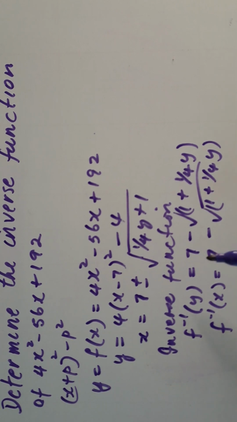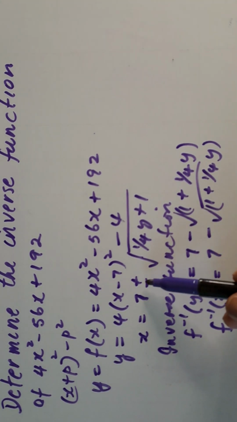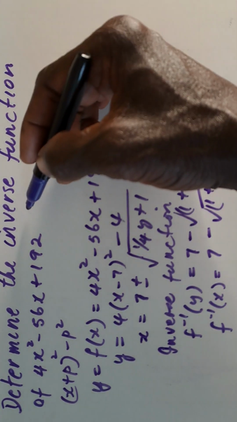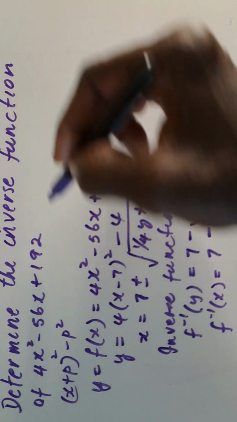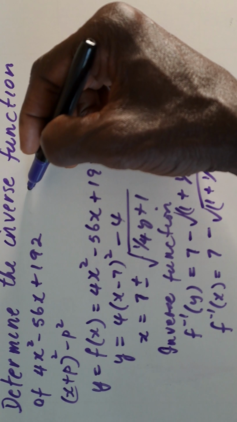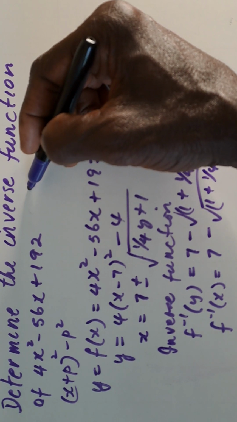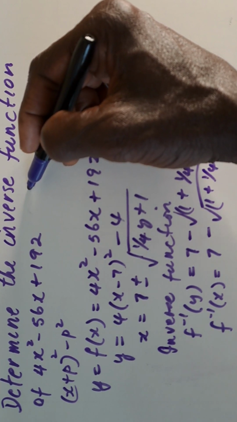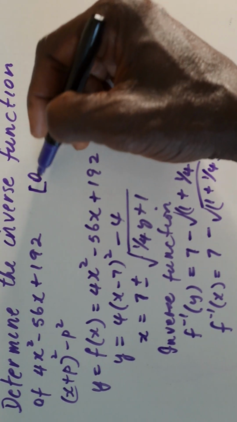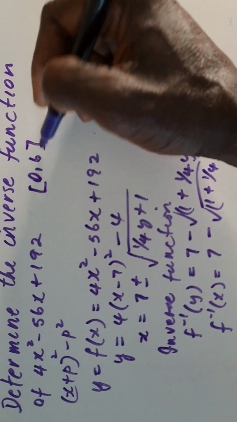Now the reason I chose the negative sign instead of the positive sign is because something I omitted initially is that the domain of f, which is this function 4x squared minus 56x add 192, is the interval 0 to 6.